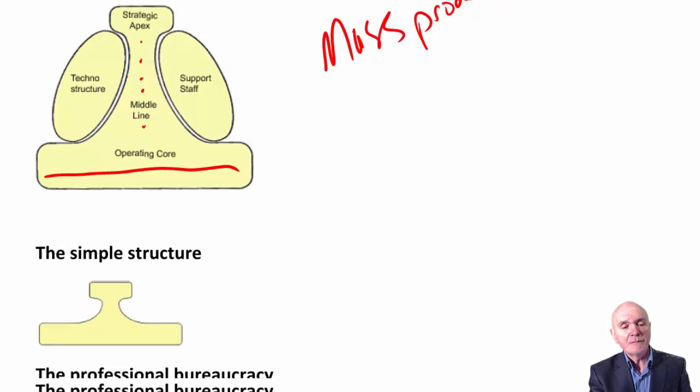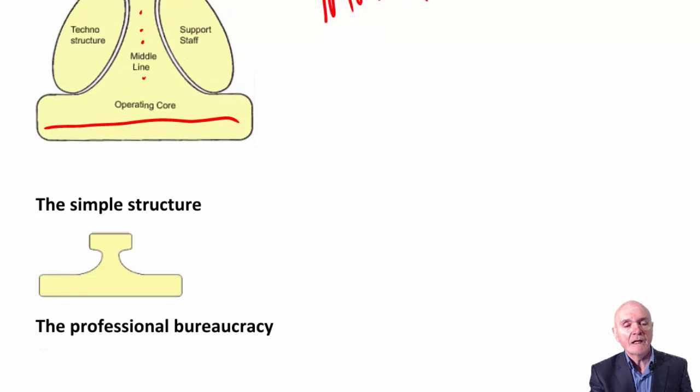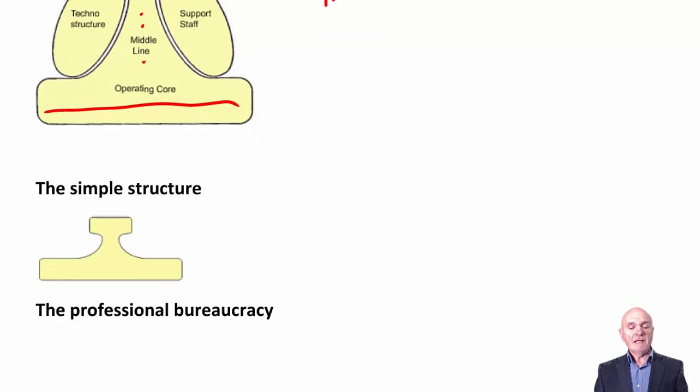At the other extreme you have what's called a simple structure. And basically a simple structure has got two people. It's got the boss and its workers. This is like a new small organisation. It's so small it maybe only needs the boss and the workers. Maybe it's got one intermediate manager in there.